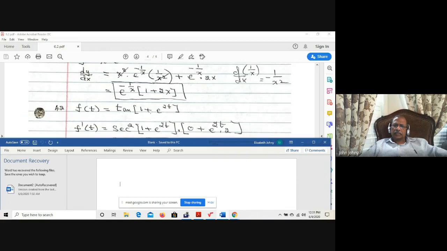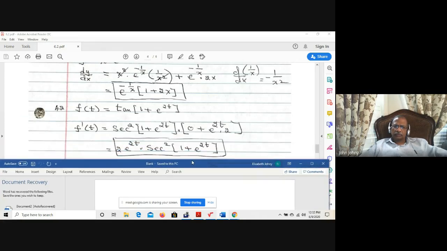Multiply this by the derivative of whatever is inside the bracket. The derivative of 1 is 0, plus e to the 2t times the derivative of 2t, that is 2. You may write one more step: the 2 comes in front, 2 e to the 2t times secant squared of 1 plus e to the 2t. That is the answer.